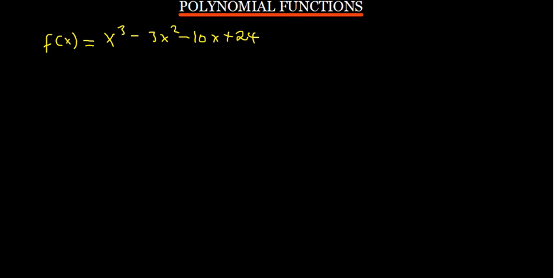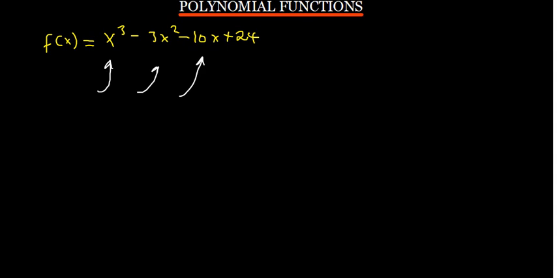So let's say I put 1 here. That will be 1 to the power 3, which is still 1, right? And then at the other position, that will give us negative 3. And then where there is 10, negative 10, plus 24.